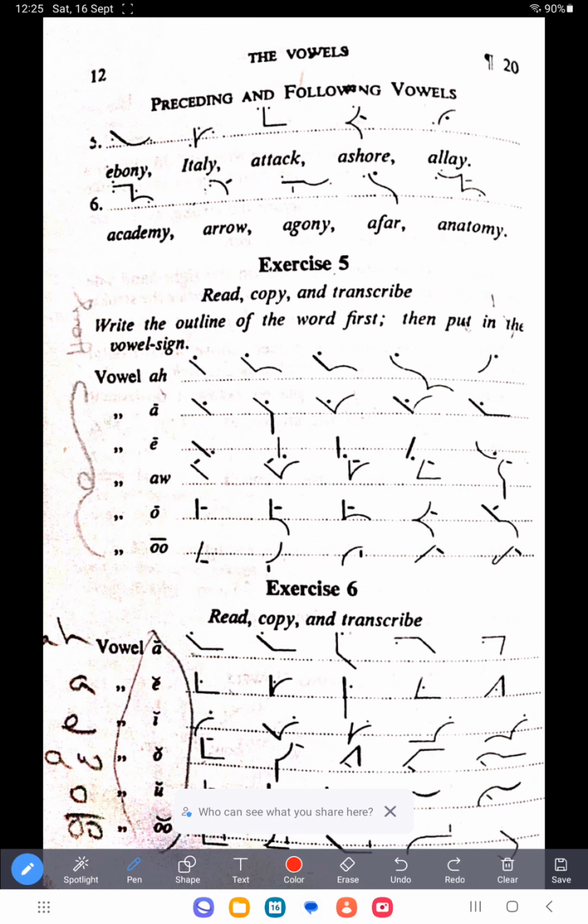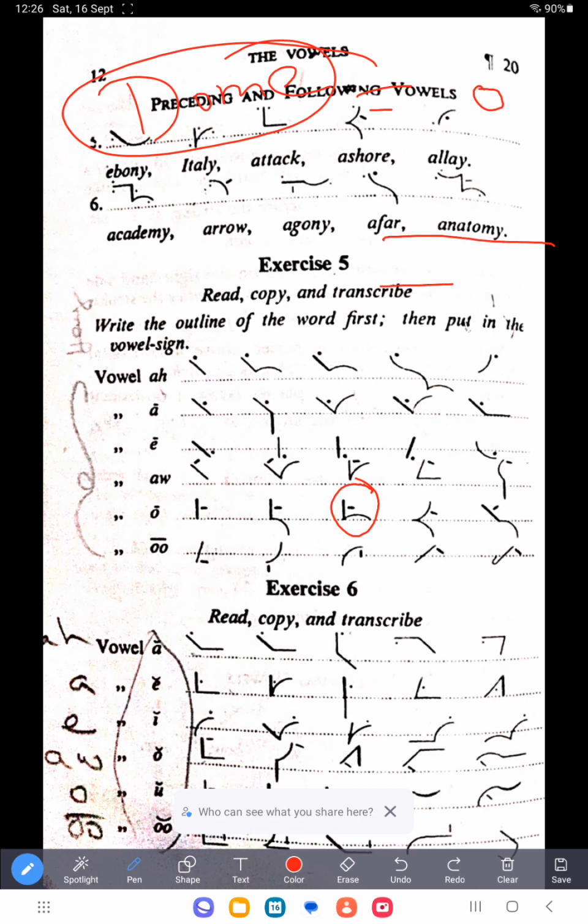Hope you all understand me. Now, let's quickly understand the second word, that is dome. D-O-M-E, dome. Now, again, first listen to the sound, that is, out of six sounds, it is an O sound. Then start writing it on the line. The strokes, D stroke, which is on the line, and continue writing the M stroke.